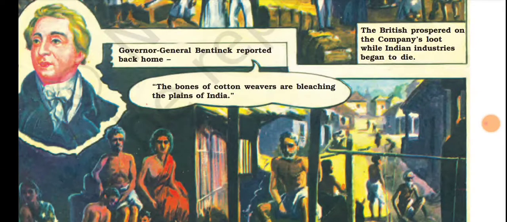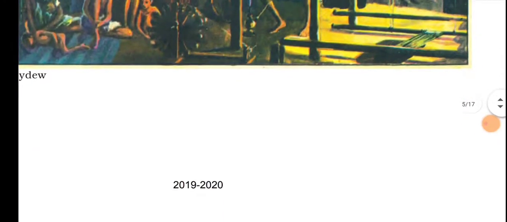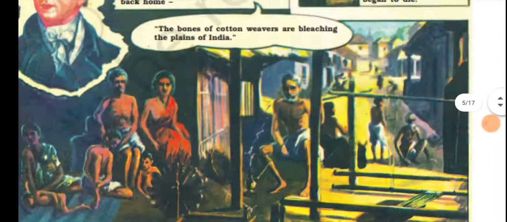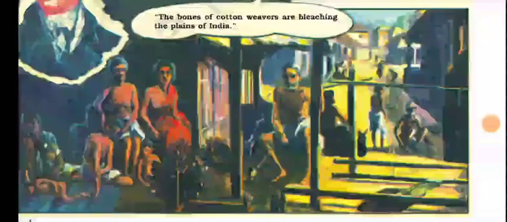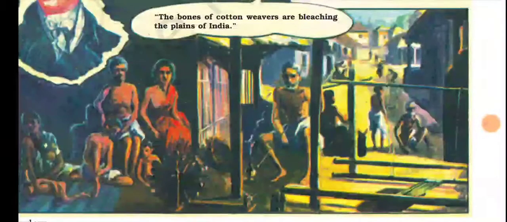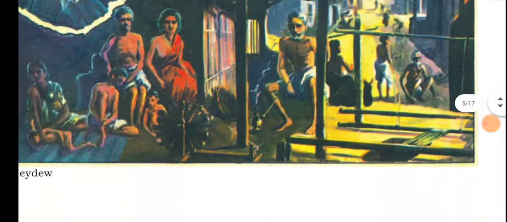The British East India Company was achieving success after success and getting richer and richer, while the Indian industries were collapsing. And you can see in this picture that the bones of cotton weavers are bleaching the plains of India. Means the cotton weavers were the worst sufferers of those days.